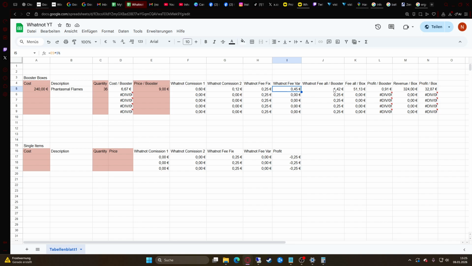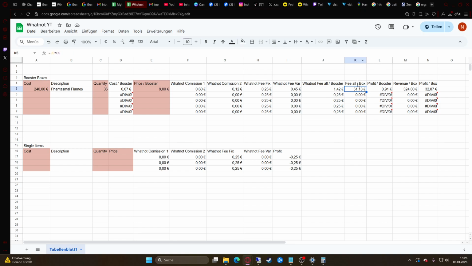Okay, so this one here is just all the fees and commissions combined. So this is the sum of these four. I pay Whatnot for every booster I sell €1.42 when I sell it at 9. This is just a fee per box.